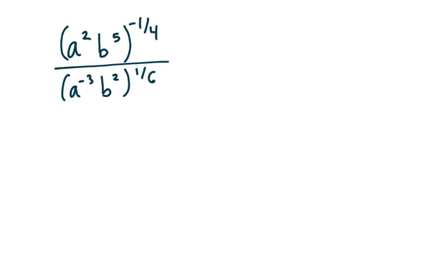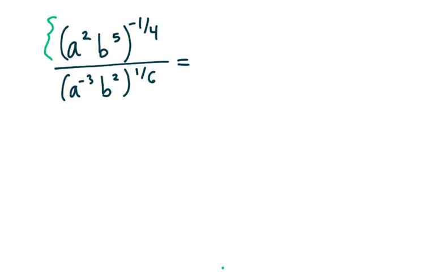Since we have a fraction, I'd like to focus on whether we can do any cleanup in the numerator and/or denominator. So let's focus for starters on this first piece, a squared times b to the fifth, that quantity raised to the power of negative 1/4.